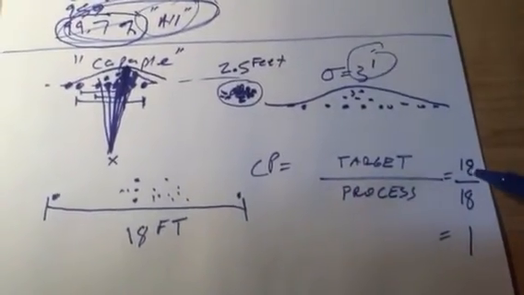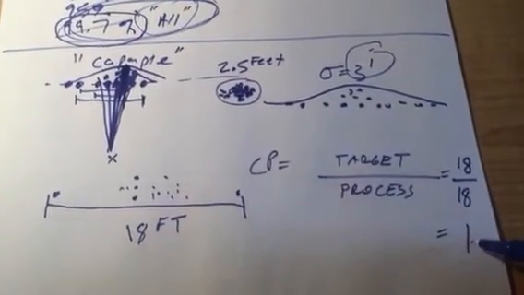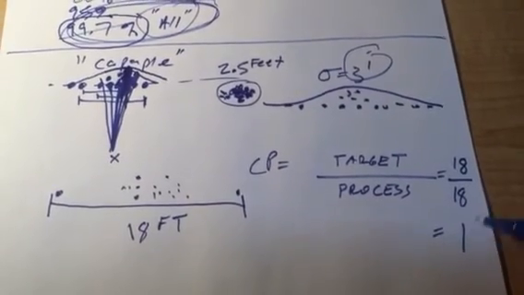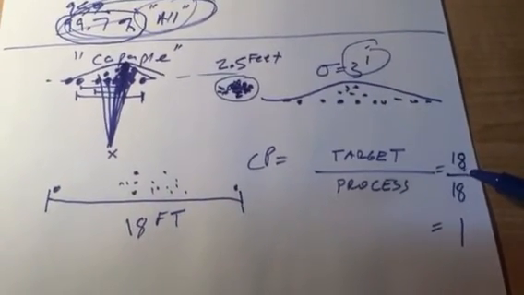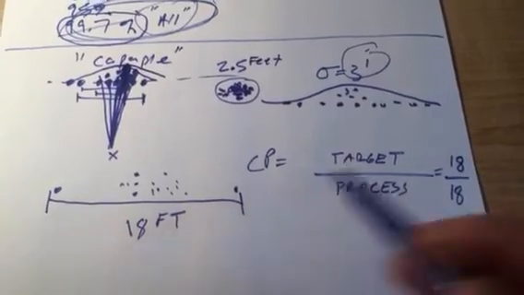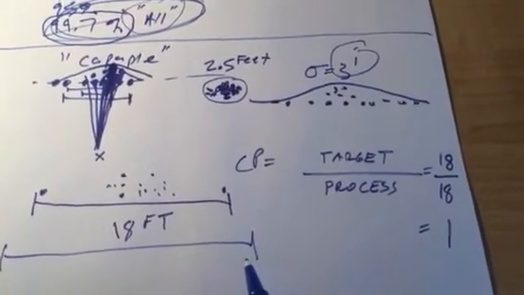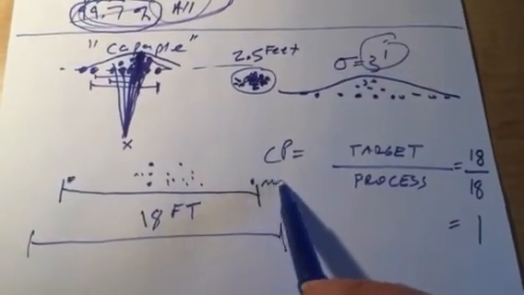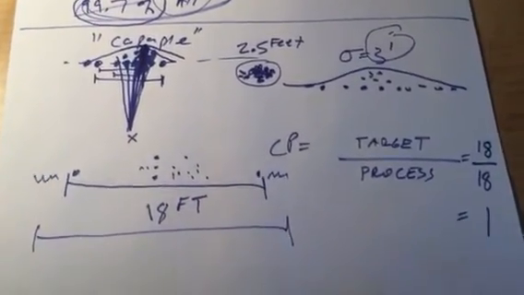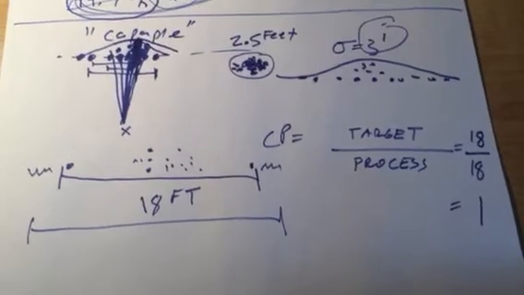So an even bigger process capability number would be better. We could get that by expanding the width of the target. If the target were 20 feet instead of 18 feet and nothing had changed about the process, that'd be even a little bit better, because we'd have this kind of buffer area out here. Or we could shrink the process.